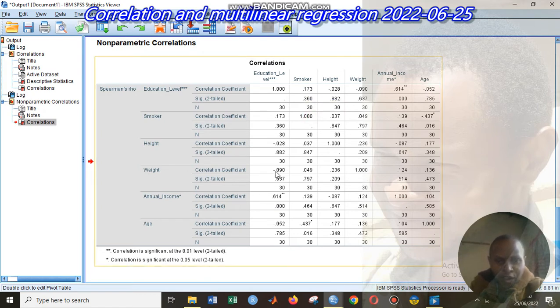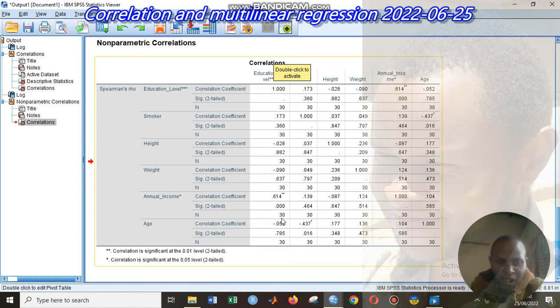We can also see a negative correlation between weight and education, annual income, and education level. We can see a very high correlation between annual income and education level, 0.614.